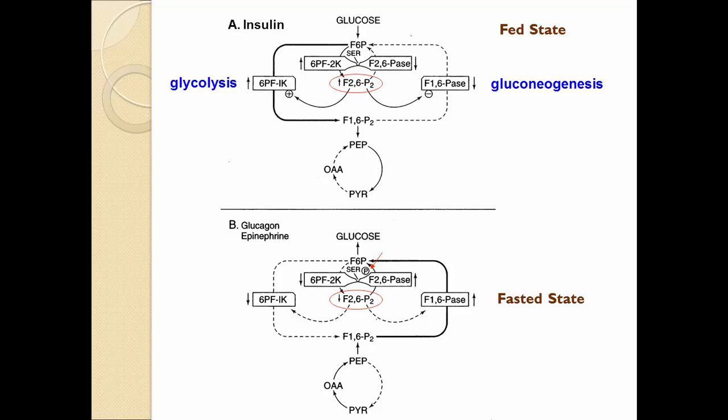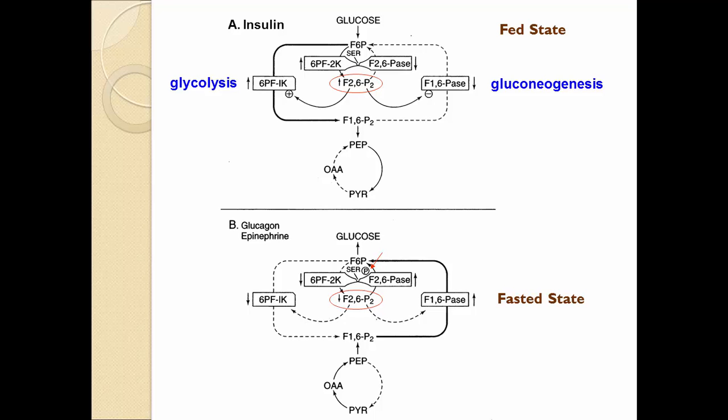And the overall effect of glucagon and epinephrine is to decrease fructose-2,6-bisphosphate, right? So fructose-2,6-bisphosphate, again, is a key substrate that can regulate the two key enzymes in the two different pathways.